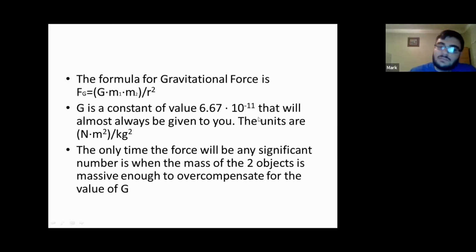So the only time that gravitational force really matters is when the 2 objects are massive, okay? Does anybody have any questions about how to calculate gravitational force, centripetal force, anything we've covered in this lecture so far?